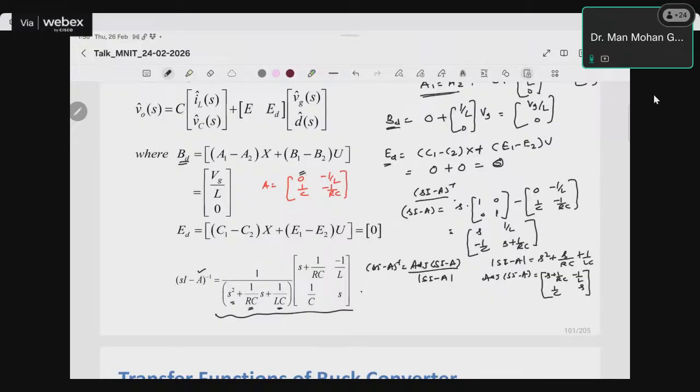But if this is a non-ideal converter, then we will see that these elements of the matrices are not 0. They are non-zero elements. And 0 elements help us in matrix multiplication, but non-zero ones will not help. So manually it becomes a bit difficult, right? Anyway, we found SI minus A inverse.